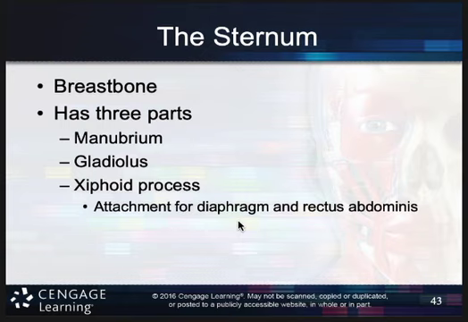There's also an attachment point for the diaphragm and the rectus abdominis muscles, which compress the abdominal organs internally in a maneuver known as the Valsalva maneuver that helps us to defecate and give birth, for instance.